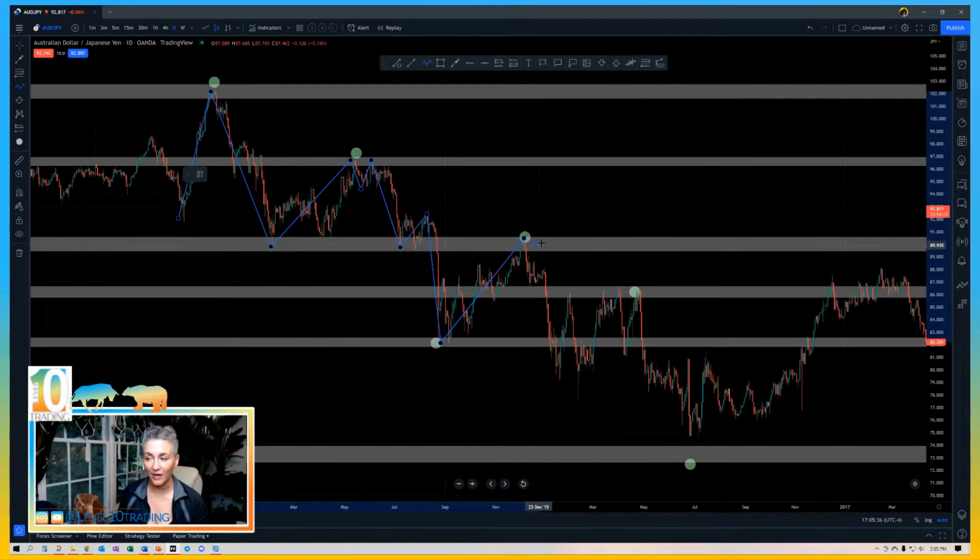Now it's an area of resistance. Price wasn't able to push back. We see price goes down, and this area right here now becomes an area of resistance. Price isn't able to move past that. Then price pushes through this zone right here that was an area of support.